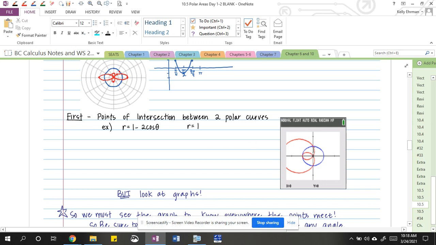I can see that it looks like they intersect at pi over 2, because on the circle, you're looking up at pi over 2 and going out 1, but I can double check that by putting in pi over 2 for cosine and getting 1 minus 0. So anyway, I can see some of these points of intersection, pi over 2 and 3 pi over 2.